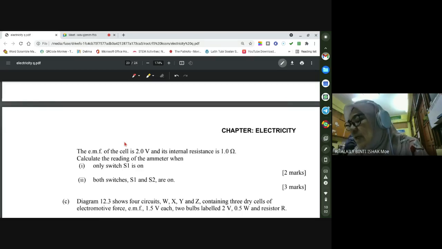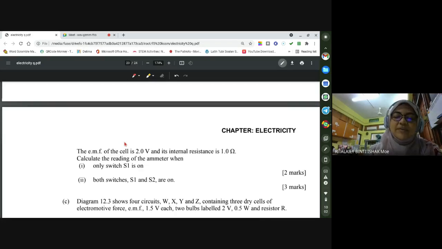So you need to show the working. How do we get 0.33 ampere? Yes, okay. So we use the formula E equals I, capital R plus small r.